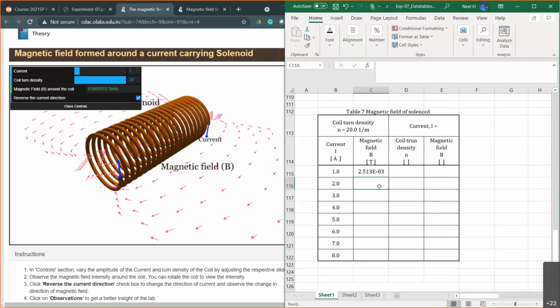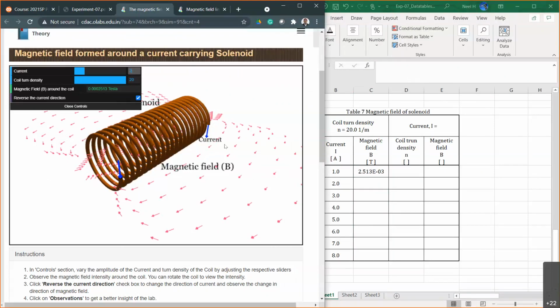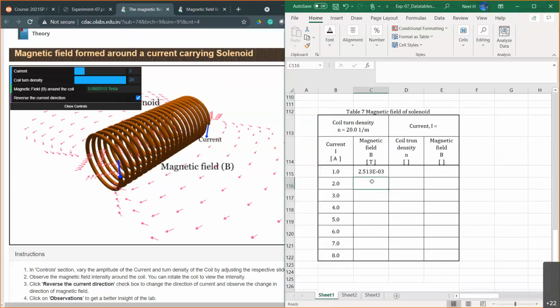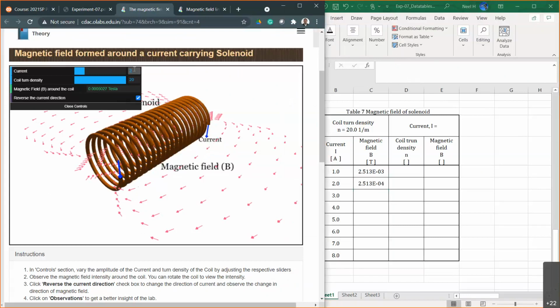Let's take a look at how it changes. Let's increase the current to 2 amps. Now it becomes 0.0002513, still about the same. How about a current of 3 amps? Wait, I think it did not update automatically earlier.